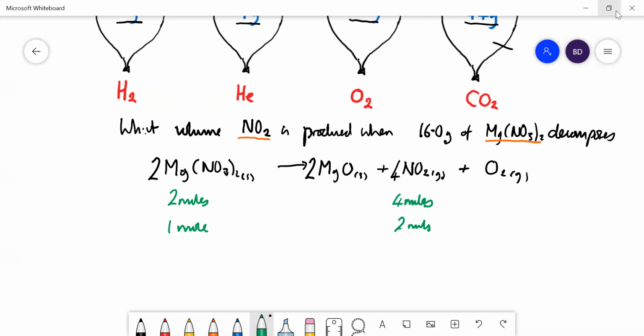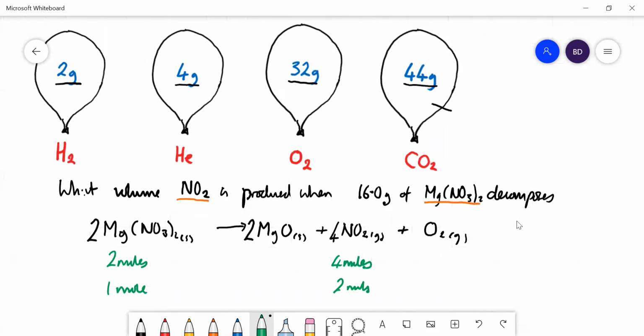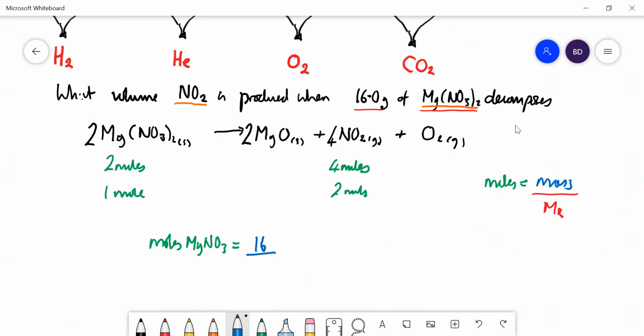Now I'm going to grab hold of our moles mass equation. I'll just write it down again: moles is equal to mass over Mr. So how many moles of magnesium nitrate have we got in 16 grams? Moles of magnesium nitrate is equal to the mass, 16, over the Mr of magnesium nitrate.